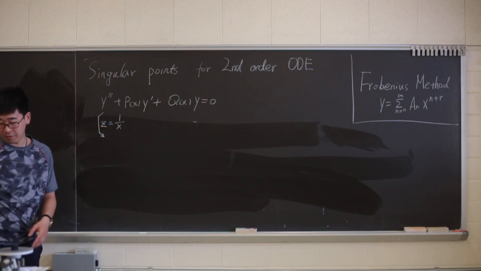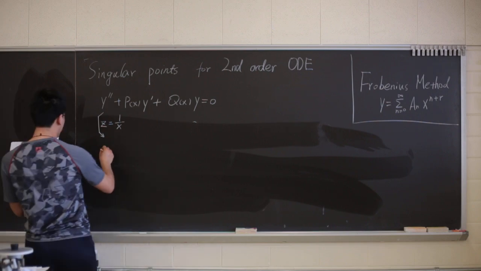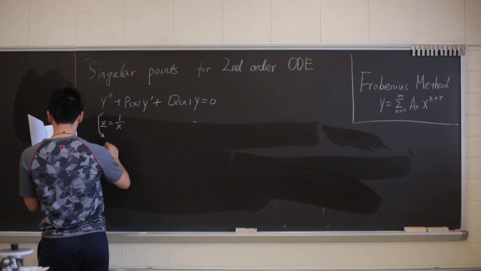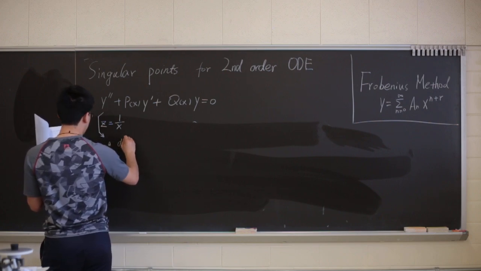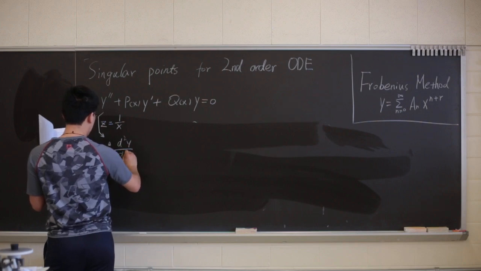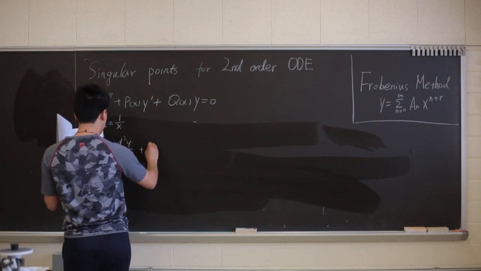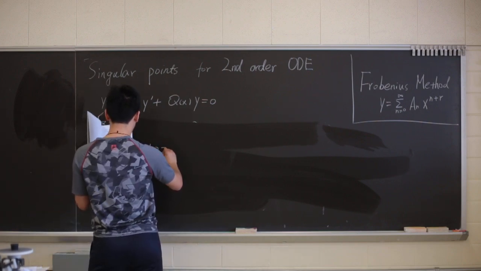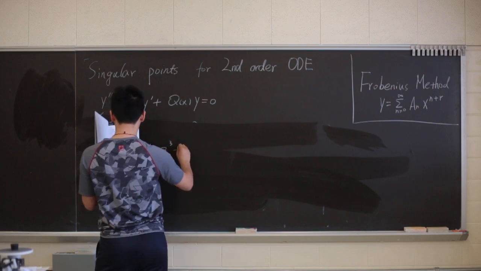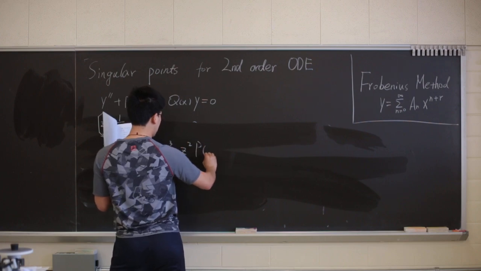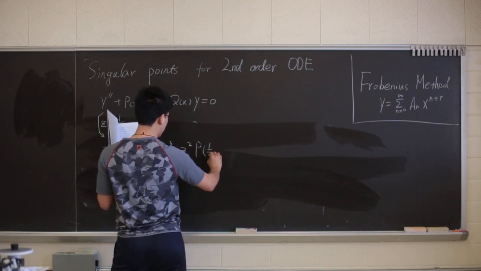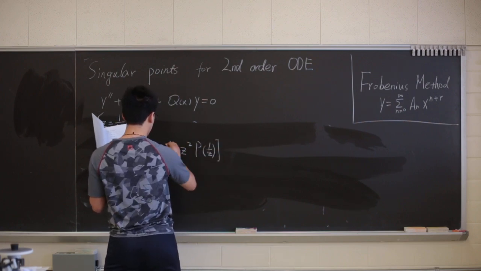You will end up with a second order differential equation like this: z^4 d²y/dz² + (2z³ - z² p(1/z)) dy/dz + q(1/z) y, where 1/z is x.